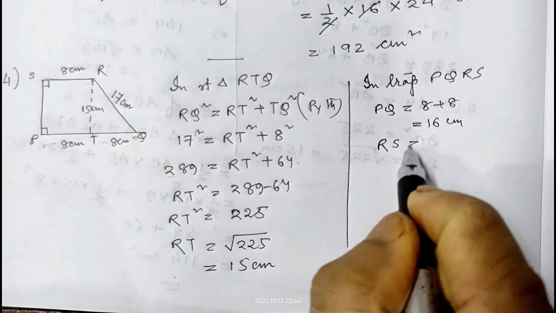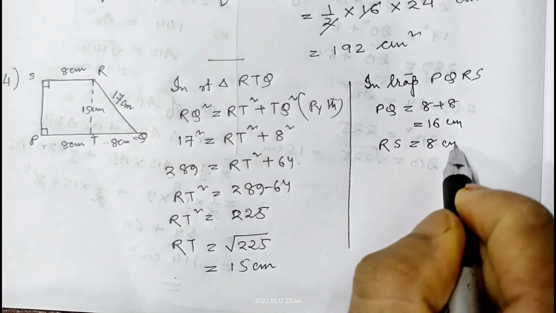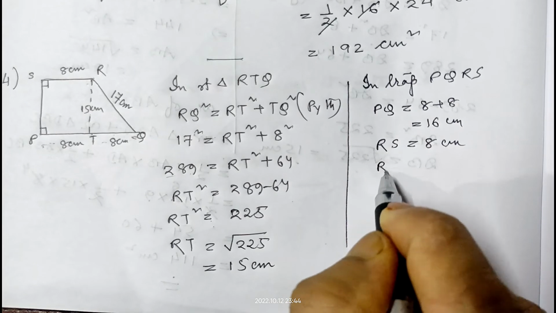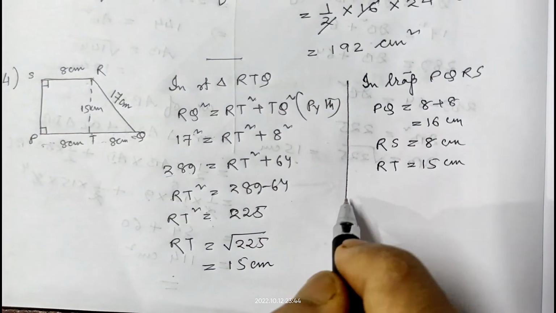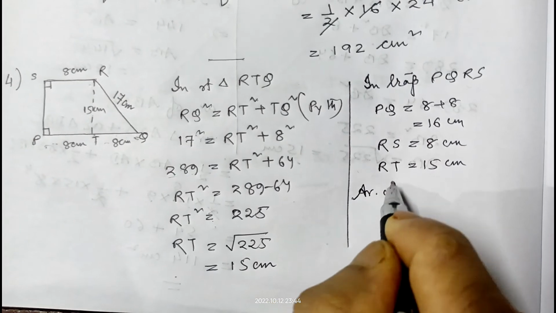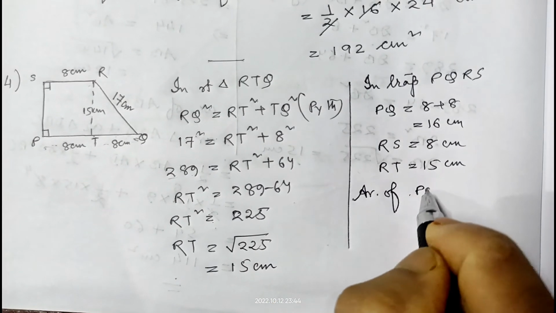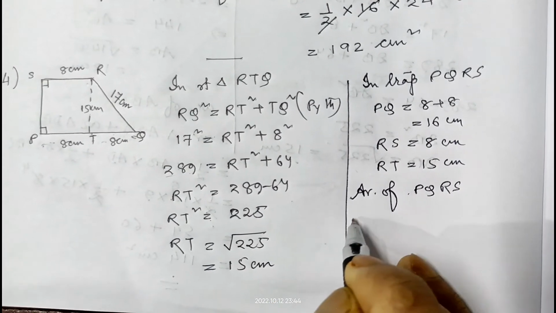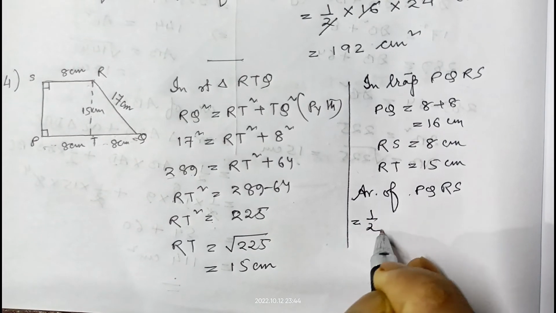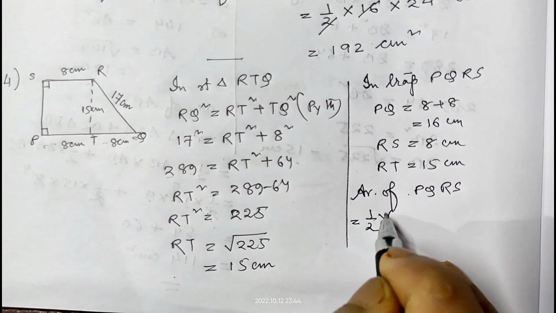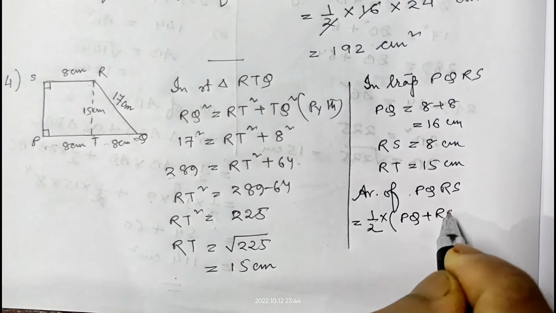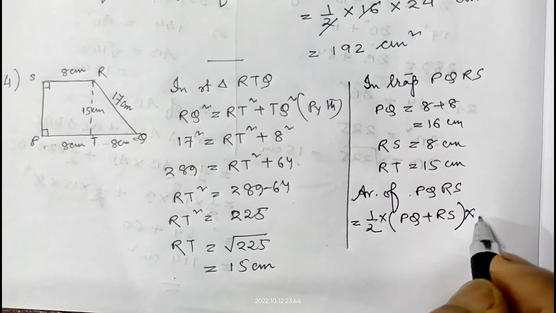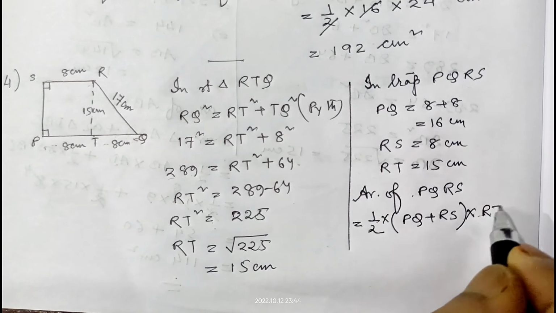RS, which is another parallel side, it is also 8 centimeter, and the perpendicular distance RT is given as 15 centimeter. Now area of trapezium PQRS, it will be half into sum of the parallel sides. Sum of the parallel sides means PQ plus RS into perpendicular distance, that is RT.